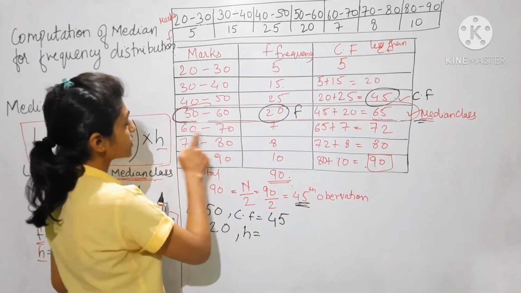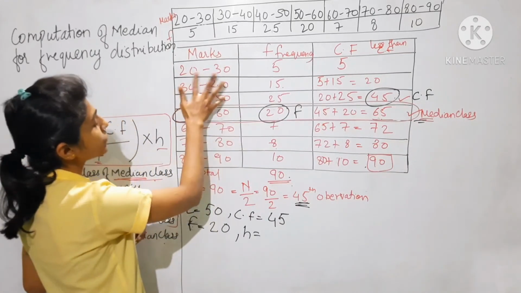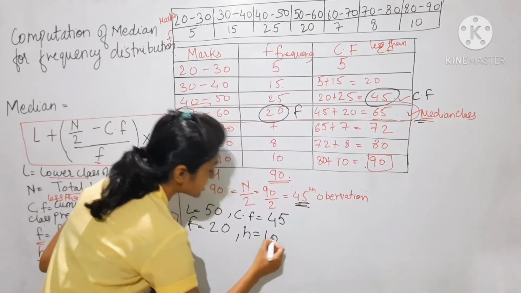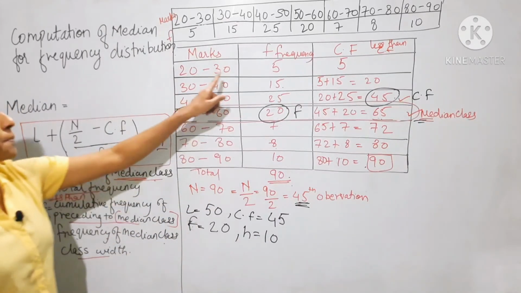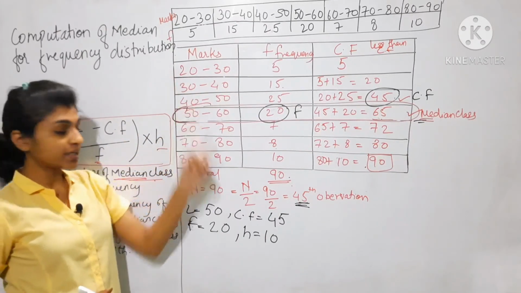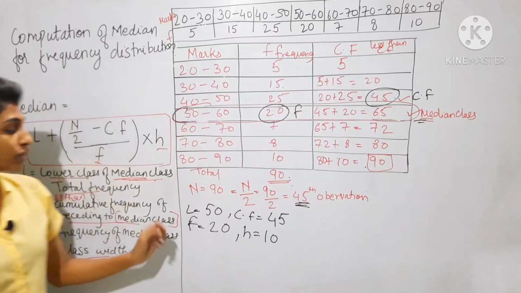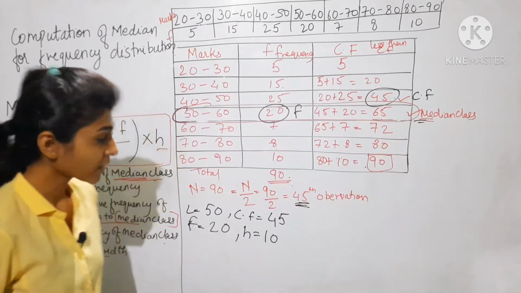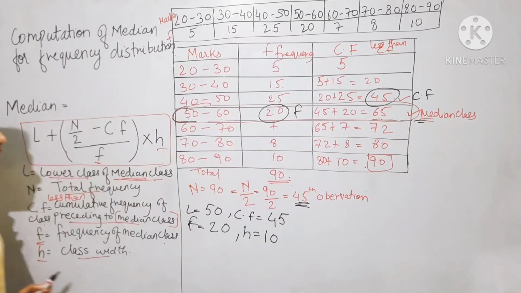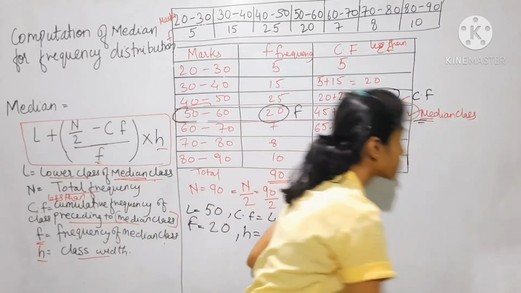What is the difference between 20 to 30? The number 10 is there. Class width is upper limit 30 minus lower limit 20, we get 10. So 10 is the height. Now put all these values as per the formula and find the median.